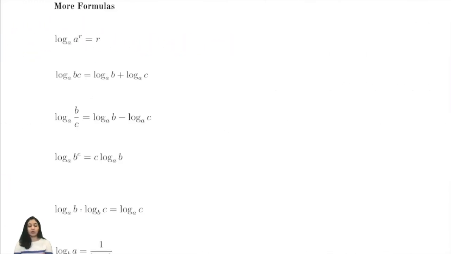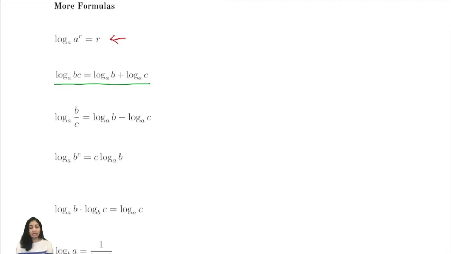Now we're going to talk about some more formulas. These are all extremely important, and I recommend you memorize them so that you can use them when they show up on the AMCs. The first one is log base a of a to the r is equal to r. Our next one tells us that log base a of bc is equal to log base a of b plus log base a of c.